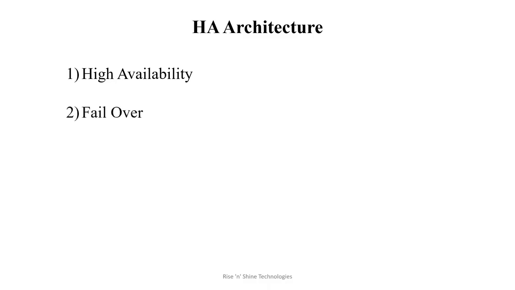And the second is failover handling. Yes, we see failures in the environment, but how you are going to take action on the failover and what time you take to recover from it are all important points that will be considered.